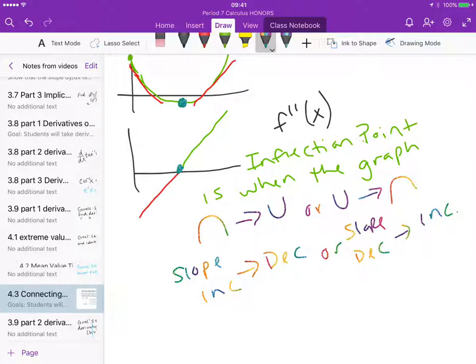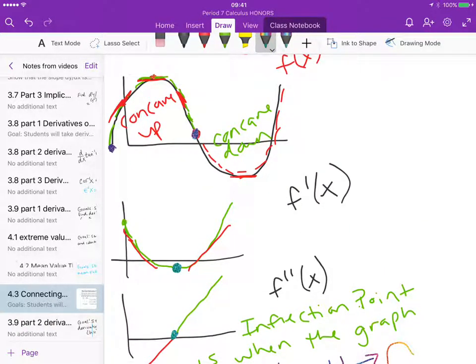So think about it for a sec, all right? That point of concavity is really where it changes.